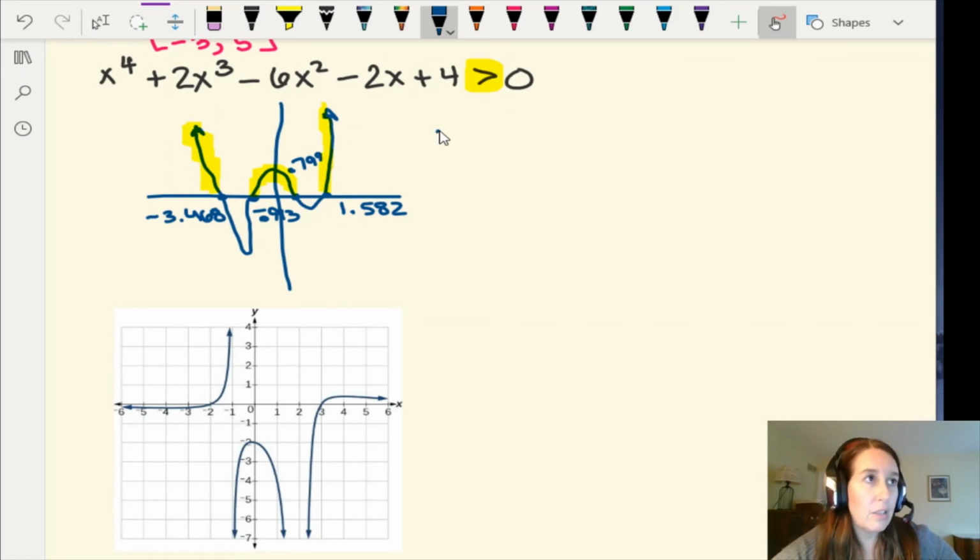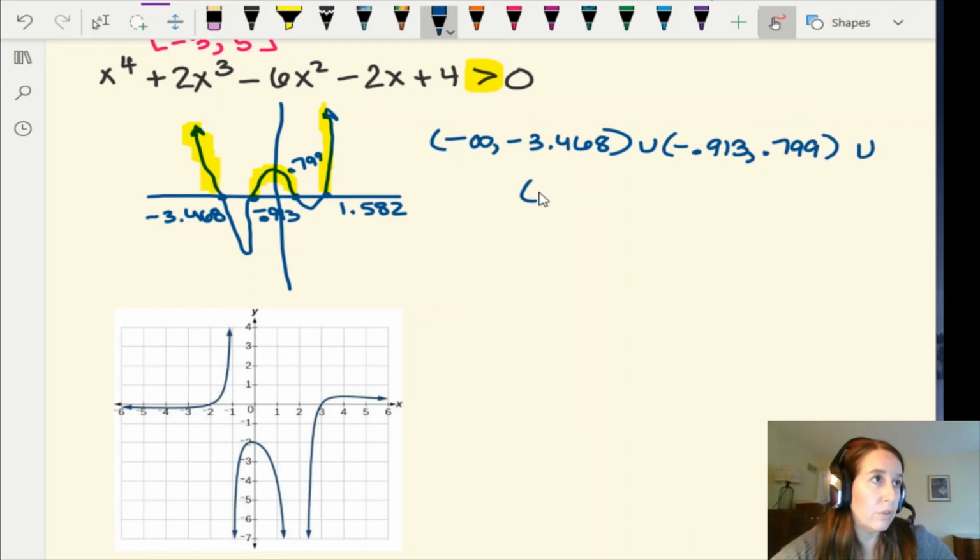So the answer would be negative infinity to negative 3.468, then negative 0.913 to 0.799, and then 1.582 to infinity, right?